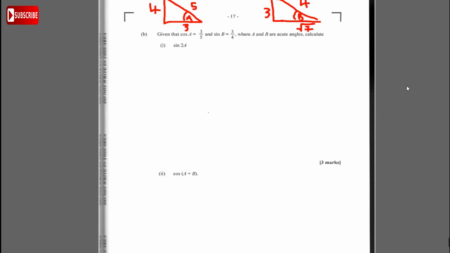So what's sine 2A? We have to remember that sine 2A is equal to 2 sine A cos A. That's the easiest formula to remember. Sine 2A is 2 sine A times the cosine of A. And so sine 2A works out to be 2 times what is sine A?